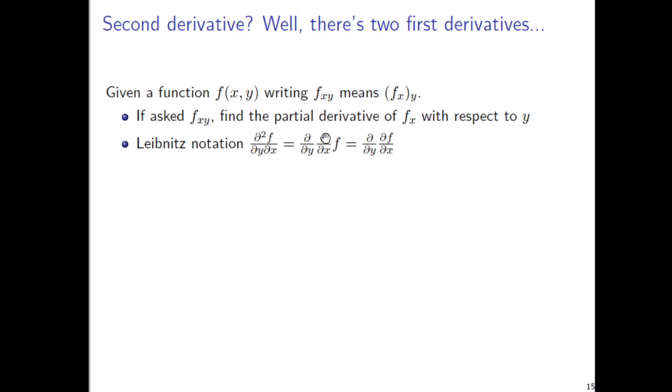So there, again, it's just in how this is read. You got to read backwards in a sense. So there's f. So I'm looking at the middle of this Leibniz notation line. So there's f, and then in front of that there's a d over dx, meaning partial derivative of f with respect to x, and then in front of that, take that result and partial differentiate with respect to y.